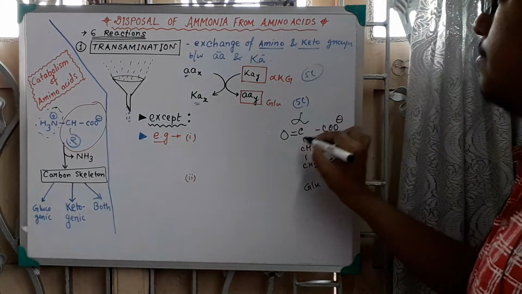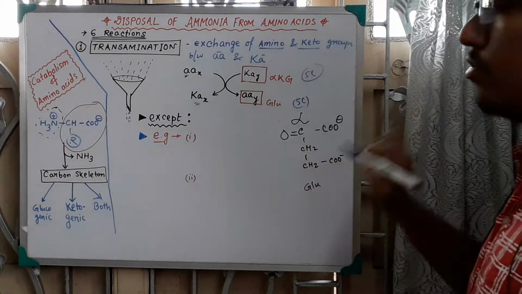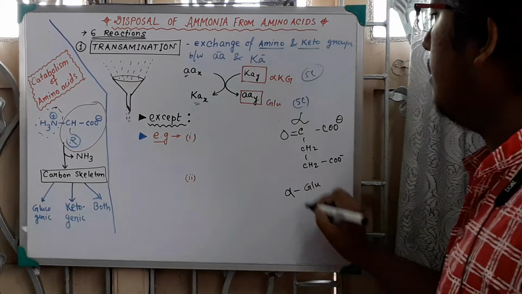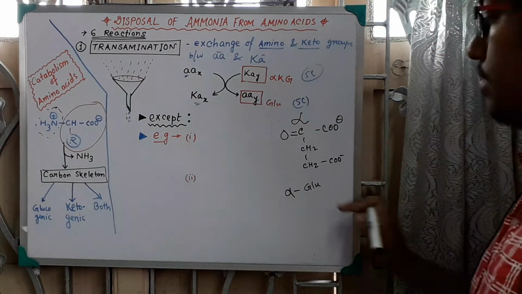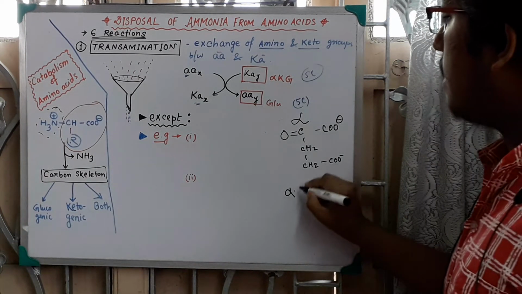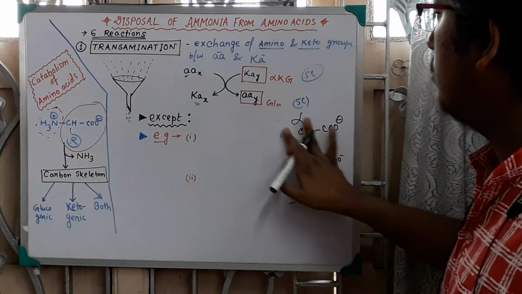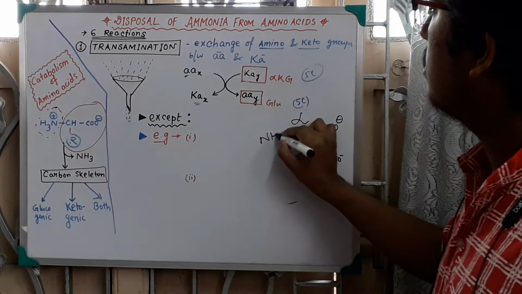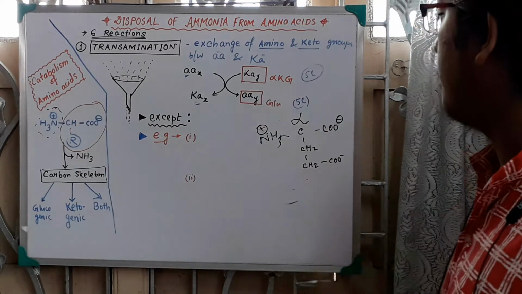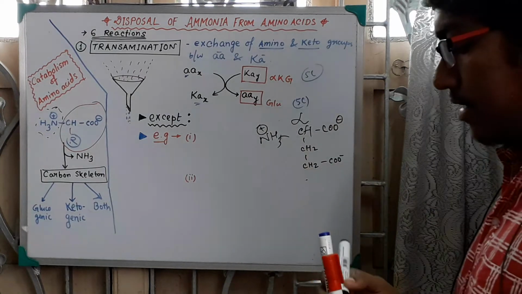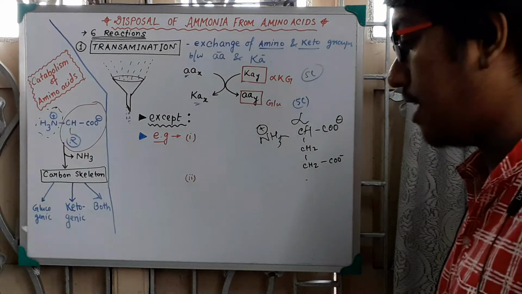It is the alpha position keto group. So alpha ketoglutarate from glutamic acid, I have written it as alpha KG, meaning alpha ketoglutarate. From alpha ketoglutarate to glutamate conversion, okay, this is the transamination reaction.